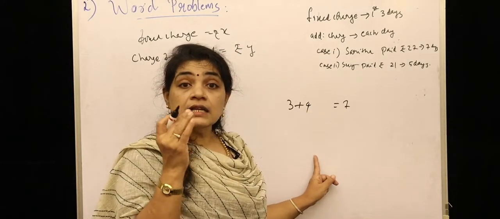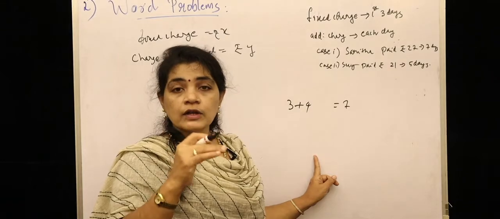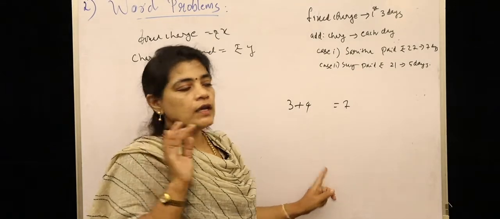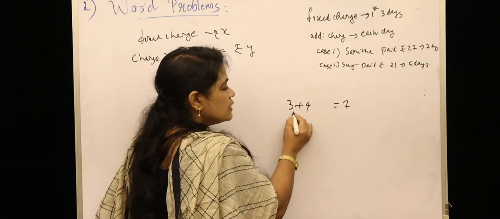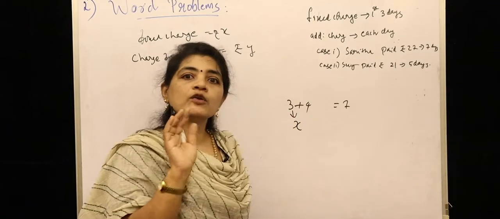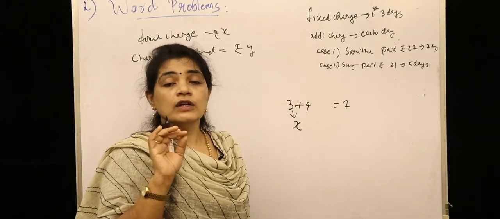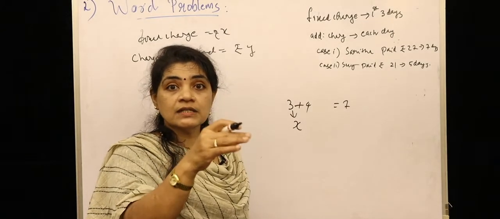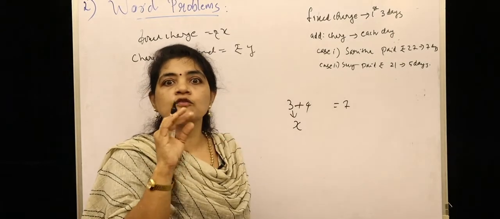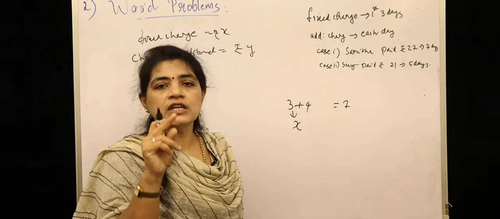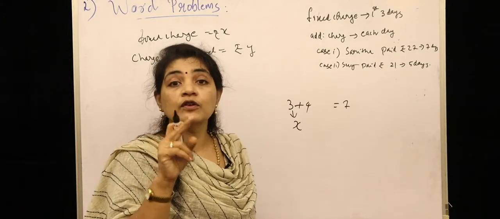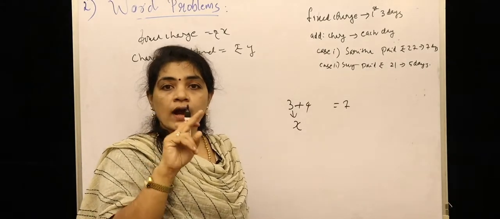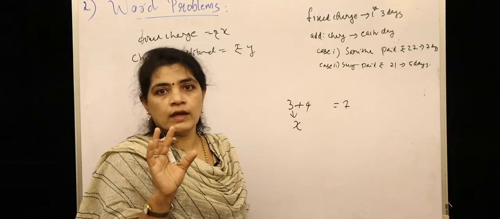Because 3 days she can keep the book for x rupees. So for 3 days she has to pay only rupees x. And how many days did she keep it extra other than these 3? From 7, if you subtract 3, you get 4. For those 4 days she has to pay rupees y for each day. So y into 4, that is 4y.